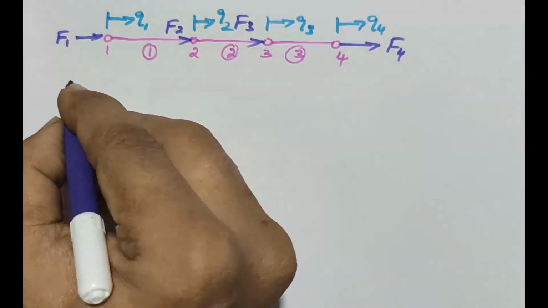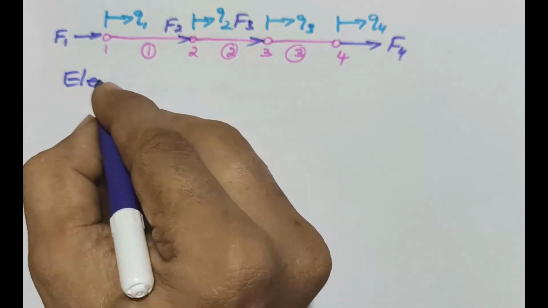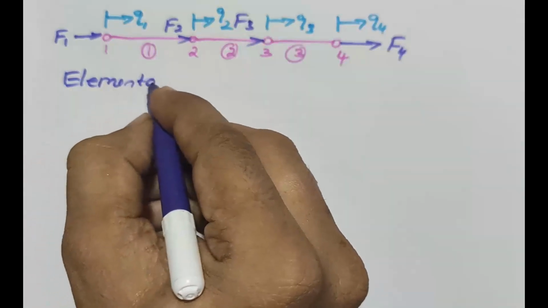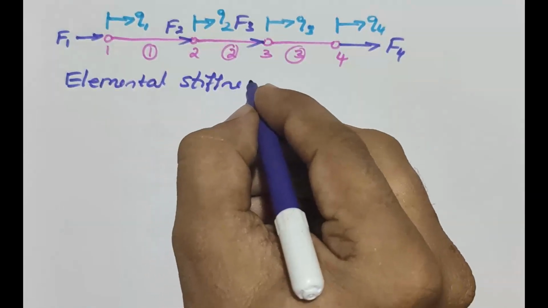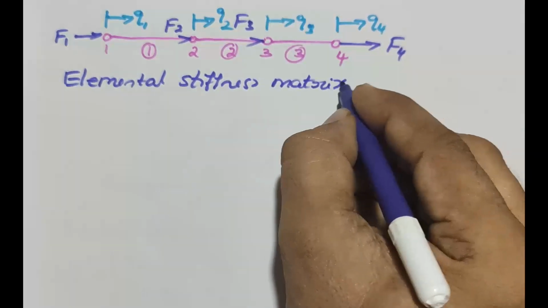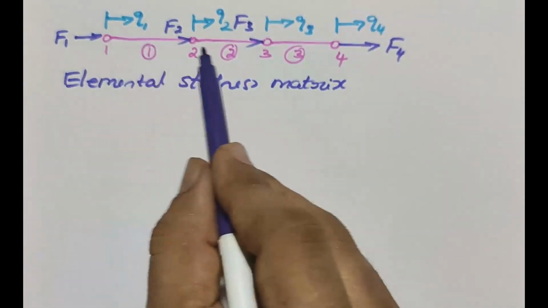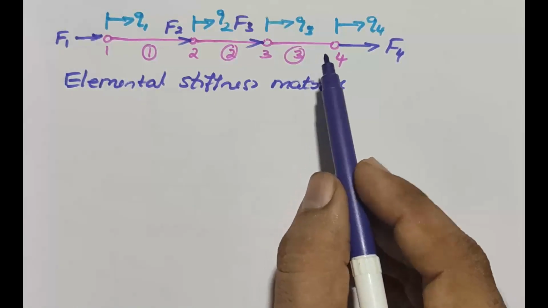Next is the elemental stiffness matrix. Since here there are 3 elements, we will get 3 elemental stiffness matrices.